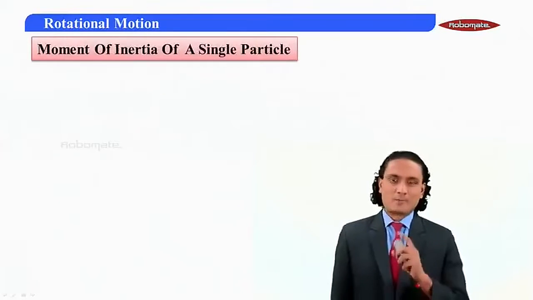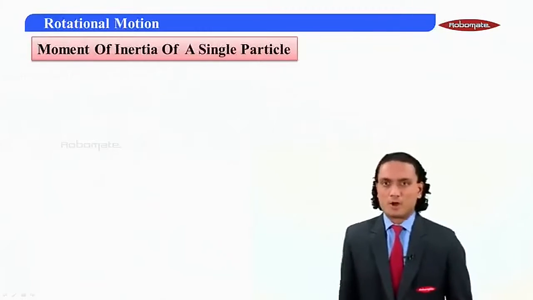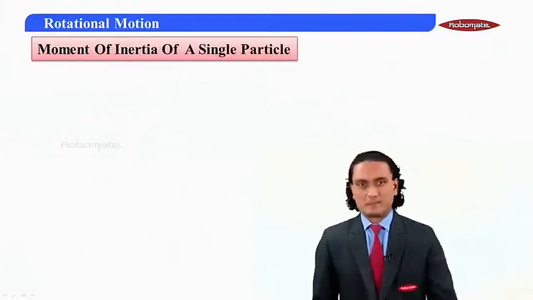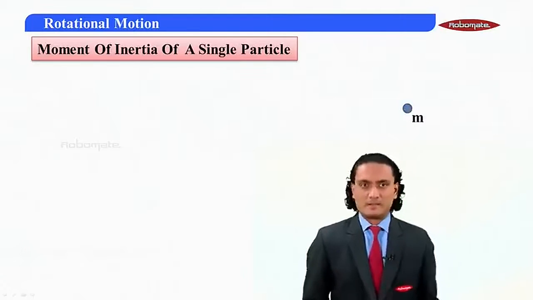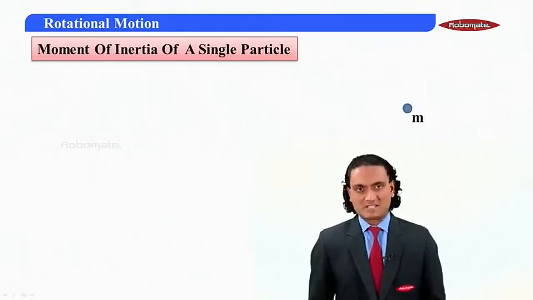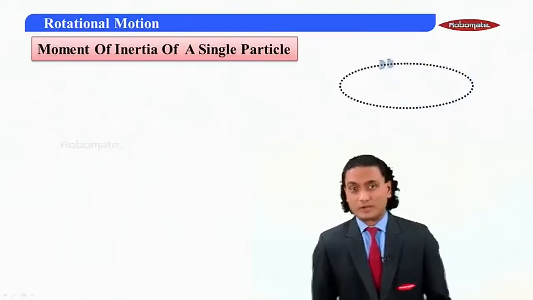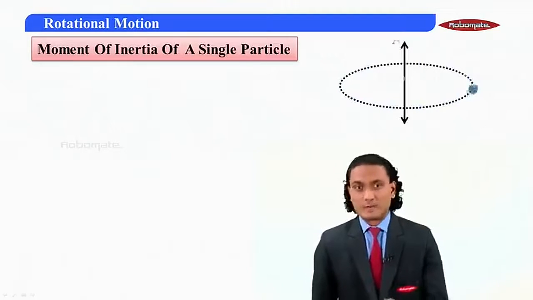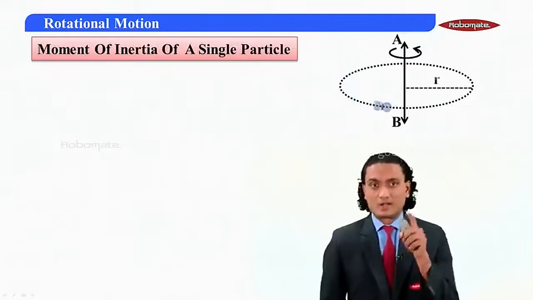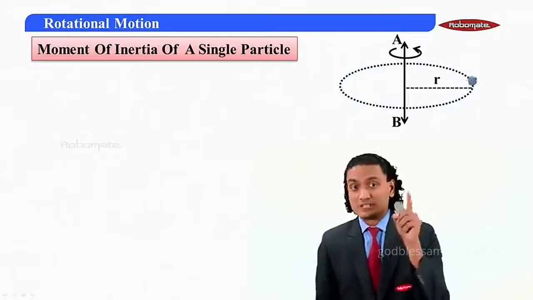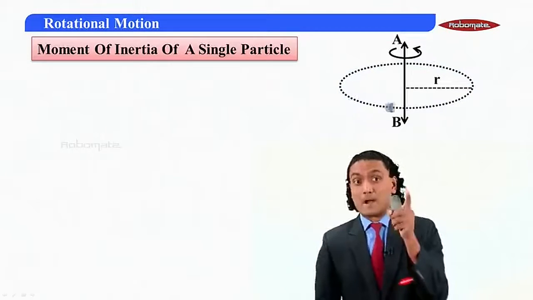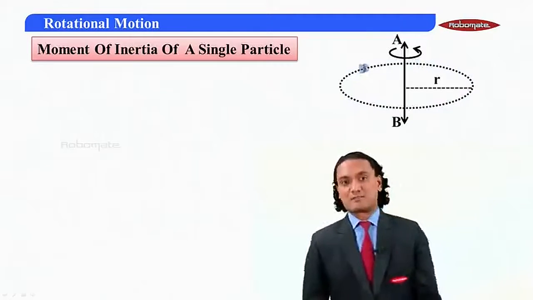First, I'm going to discuss the formula for moment of inertia of a single particle. Students, for this, I'm going to consider a single particle. This particle is of mass m and this particle is rotating. Now for rotation, we require an axis. So this particle is rotating about an axis AB in the anti-clockwise direction, and this particle is at a perpendicular distance r from the axis.